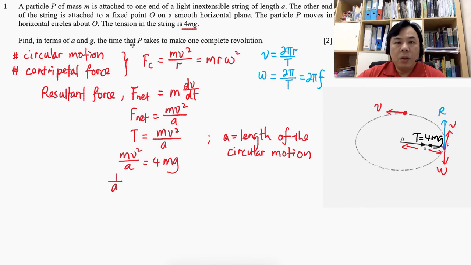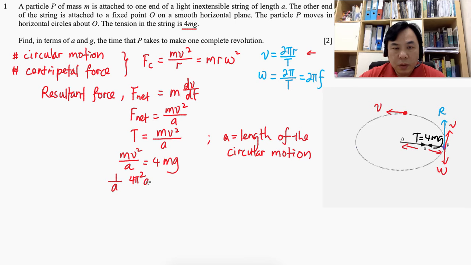Now I'm interested to discover the time taken to make one complete revolution. Therefore, I need to make use of this formula here, the v. So I'm going to square that. That will be 4 pi square. Okay, and then what else we need? That will be the radius of the circle.